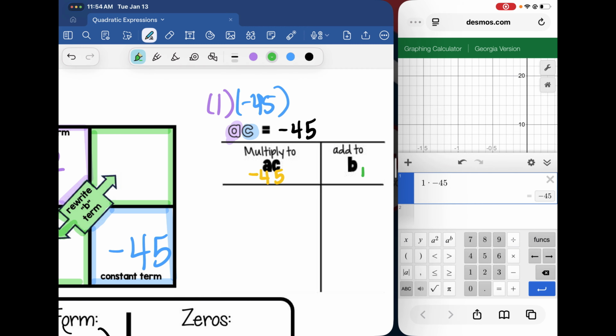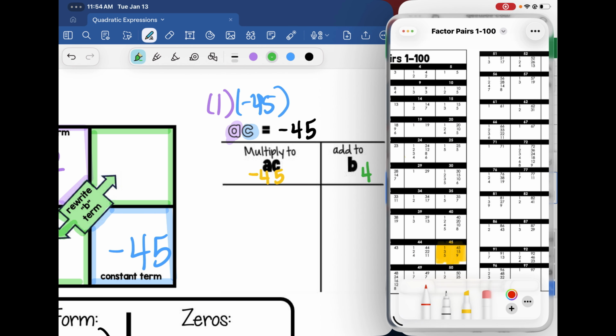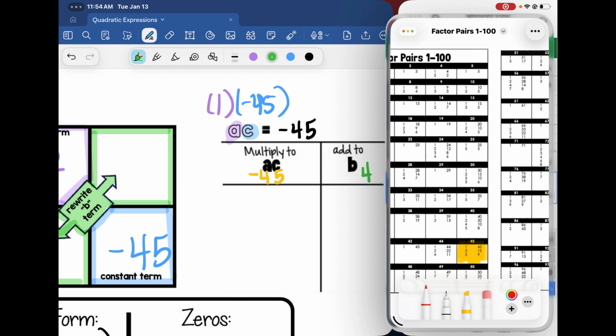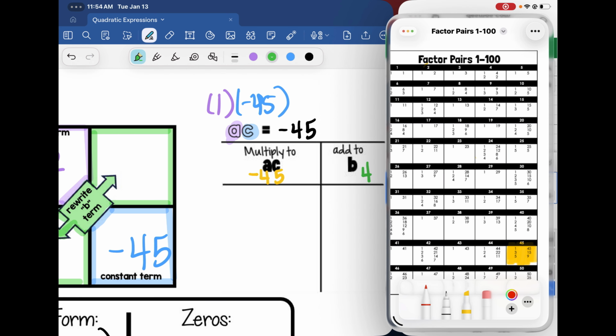Well, Miss Carter, I don't really know my multiplication facts that good. It's okay. That's why I told you need this chart. So we need it. You got it. Get it out. So I found 45 on my factored pair sheet. Notice it does not give me negative numbers. So we got to know something about integers. When I'm trying to get the product to be a negative, that means I'm multiplying different signs.